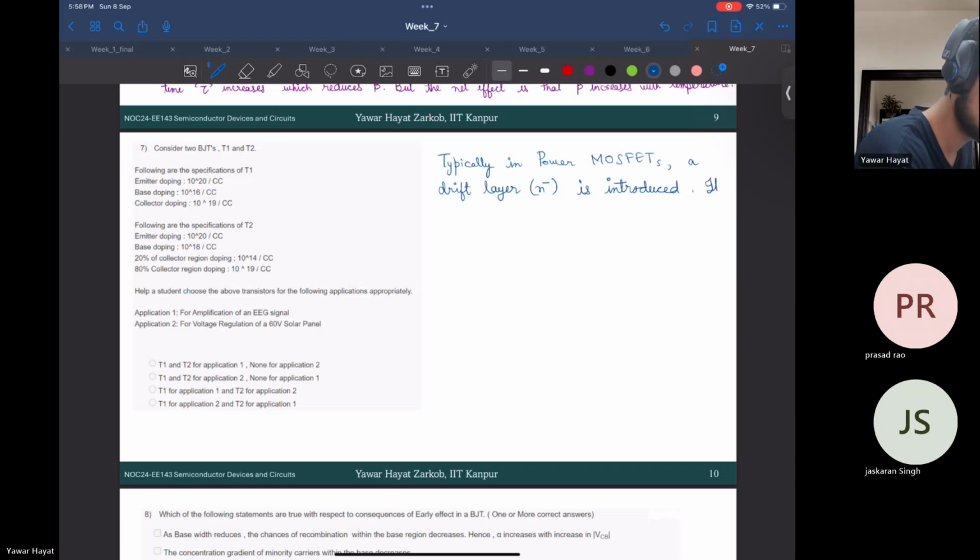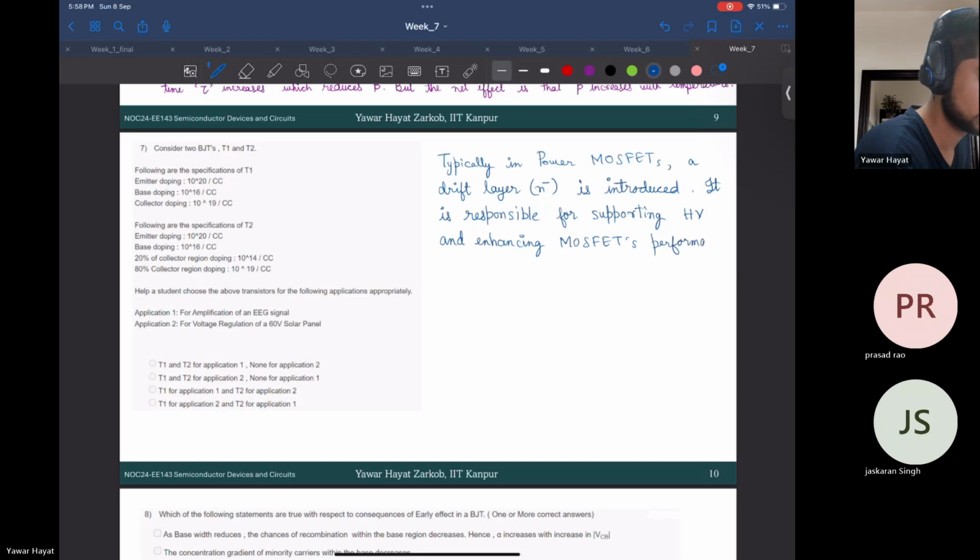It is responsible for supporting high voltage and enhancing MOSFET's performance, right? In, of course, the high power applications.